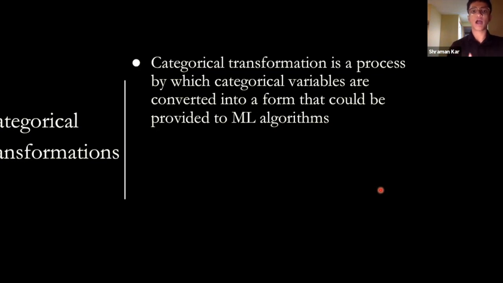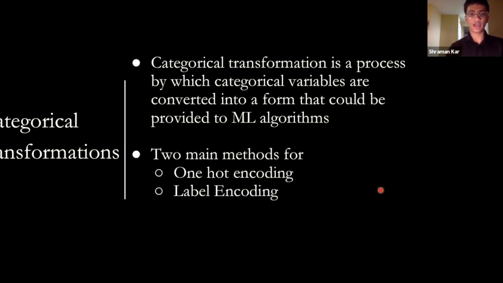Actually, some machine learning algorithms can understand categorical variables, but it's still really important to know how to do categorical transformations. There are two main methods: one-hot encoding and label or integer encoding.